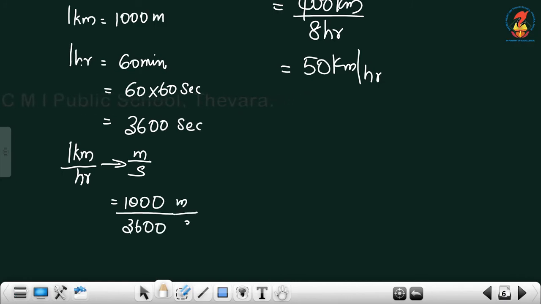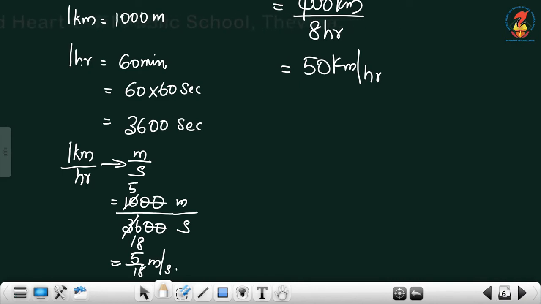This one is meter per second. So these two zeros will get cancelled. We got 10 by 36. We can simplify with 2. So that is 5 by 18 meter per second.